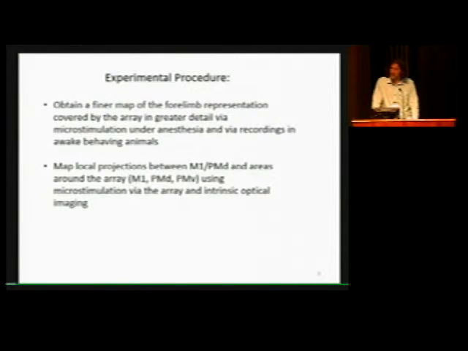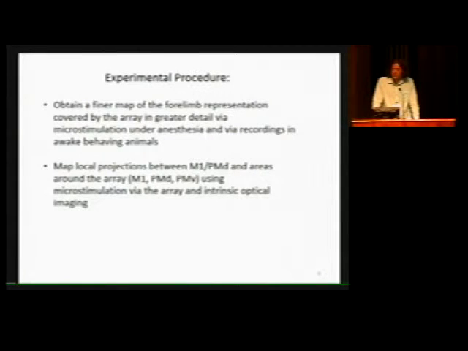Once we do that, we obtain a finer map of the forelimb representation covered by the array in greater detail, using microstimulation under anesthesia and recordings in awake behaving animals. This is a special array developed by Blackrock Microsystems that allows us to both stimulate and record.